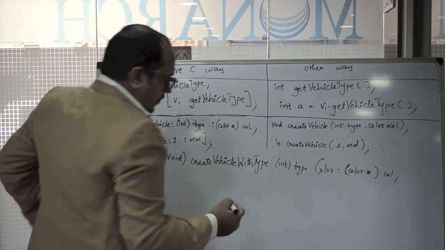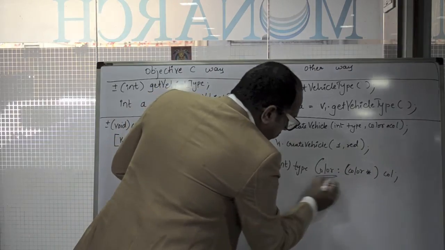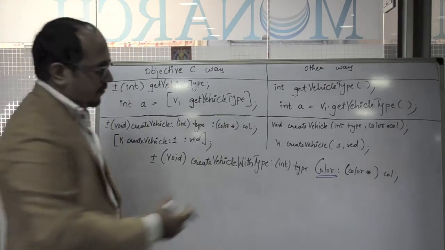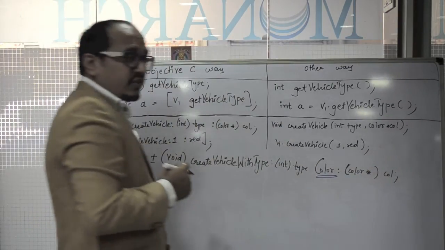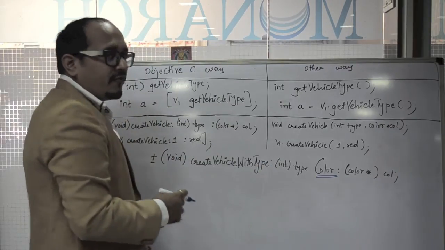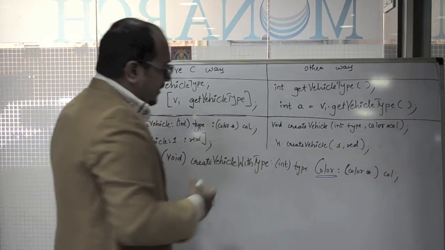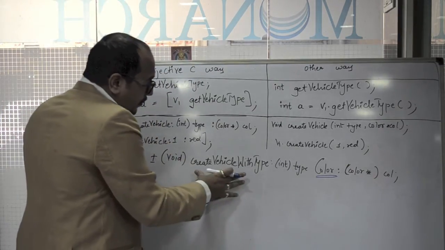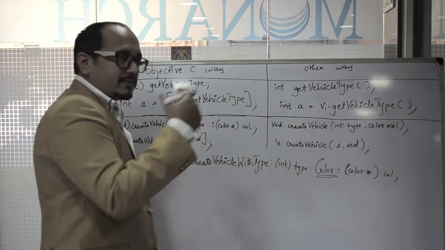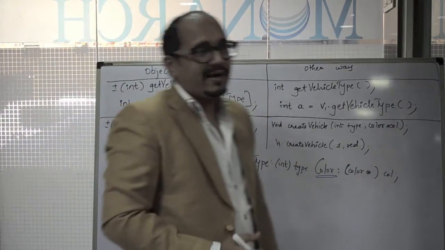So here, the text on the left-hand side of the colon represents the label for the argument. The first label becomes a part of the function name itself. So whenever a method has arguments, the function name is nothing but the label to that argument. So it's always label, type and the argument name. That's how Objective-C wants you to declare a method.